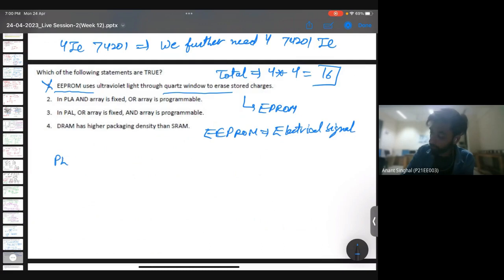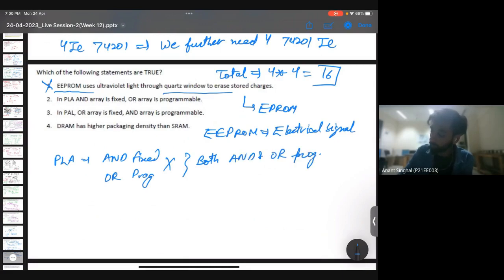Now it says PLA and is fixed and or is programmable. So this is also wrong, because both and or are programmable. In PAL, or is fixed and and is programmable. So this is correct.